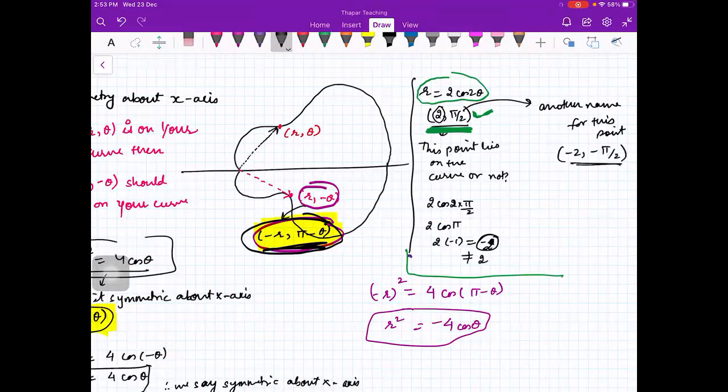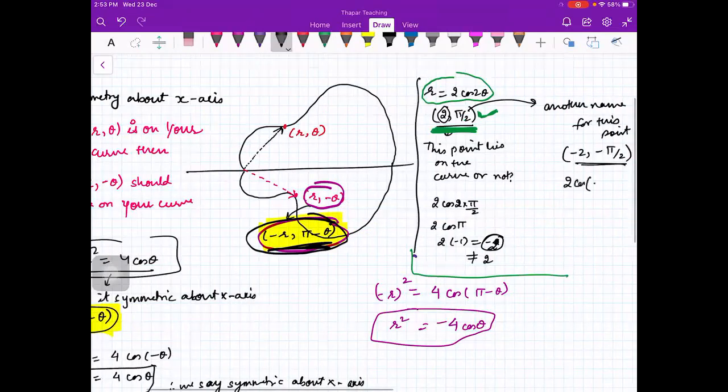So you put 2 cos of minus pi by 2 into 2, so this is 2 cos minus pi. 2 cos minus pi is minus 2, since cos minus pi is cos pi, which is equal to the left hand side. Therefore, this point actually lies on the curve, but its other name satisfies the equation.